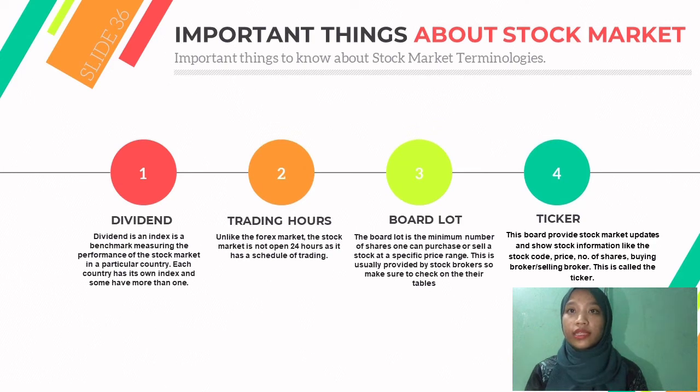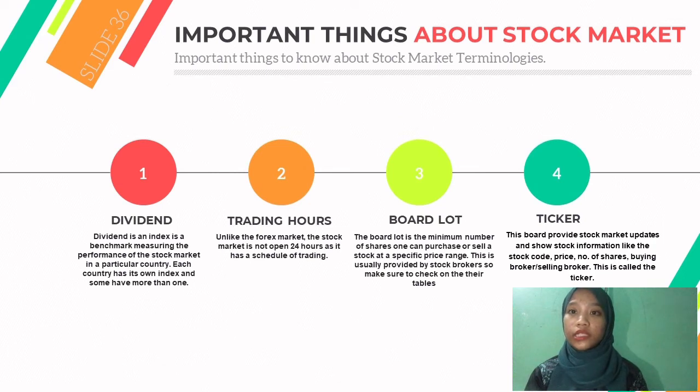The first one is index. An index is a benchmark measuring the performance of the stock market in a particular country. Each country has its own index and some have more than one. The second one is trading hours.